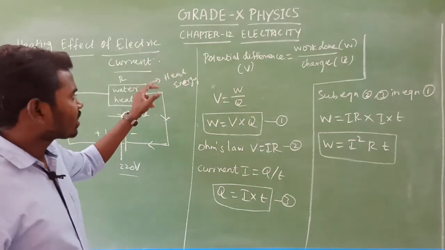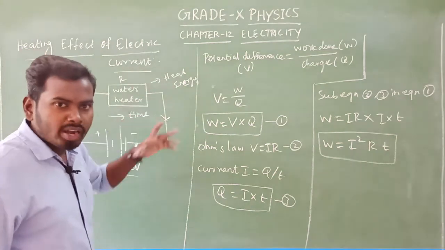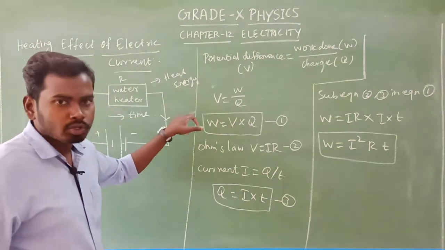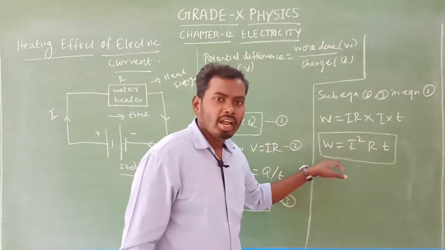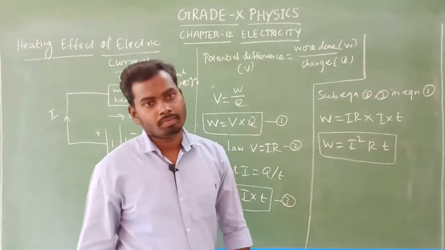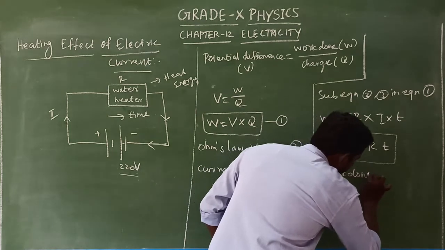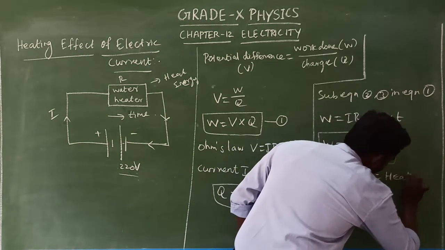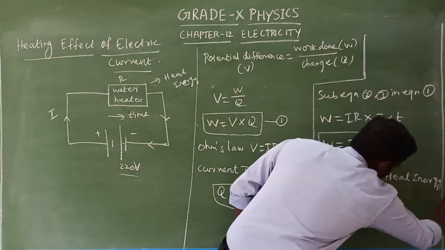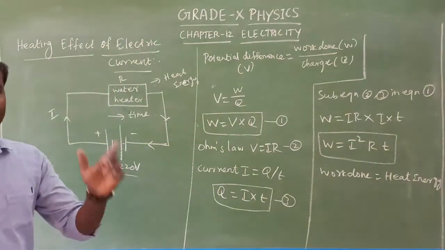Here electrical energy is consumed, but heat energy is produced. So the work done is equal to the heat energy produced by the electrical appliance.